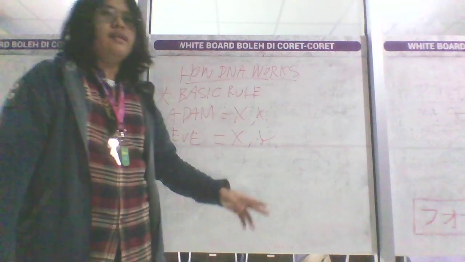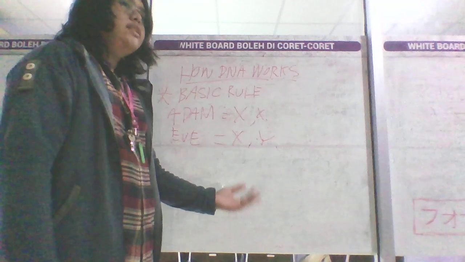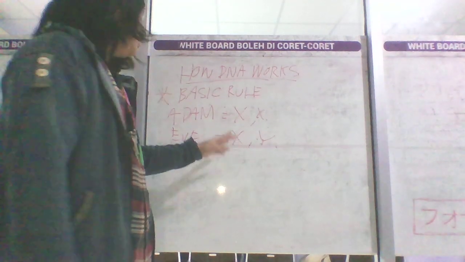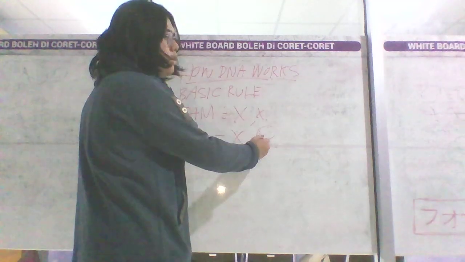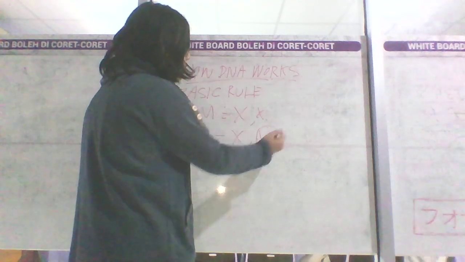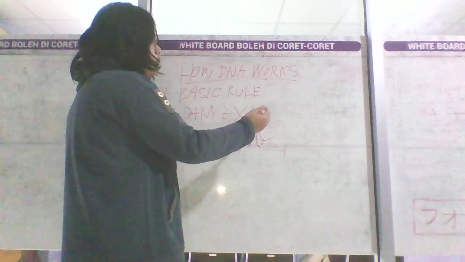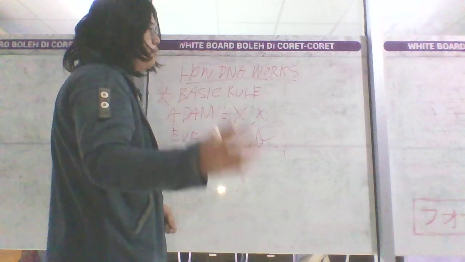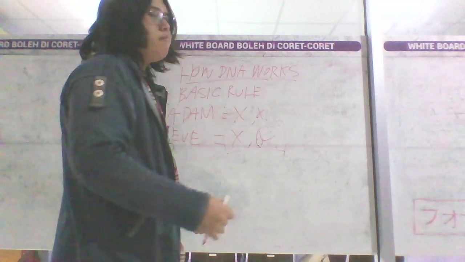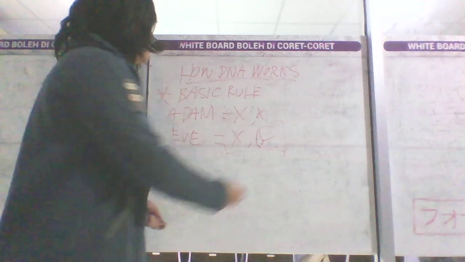In the Holy Quran and Holy Bible we equally understand that Eve comes from Adam, so we add this Y to symbolize Eve, which gives X and Y as the basic rule to understand how the DNA of male and female can be mathematically calculated.